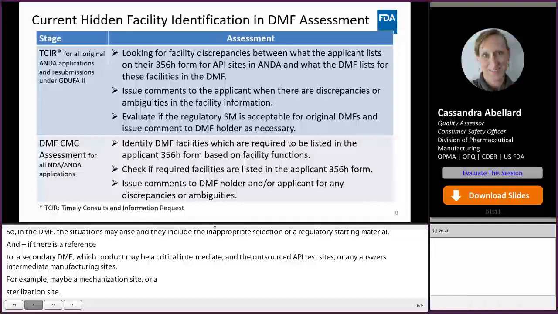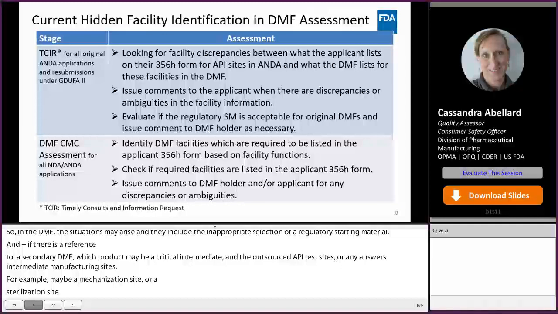During this process, which is performed during all original ANDA applications and resubmissions under GDUFA 2, we're looking for facility discrepancies between what the applicant lists on their 356H form for the API sites in the ANDA and what the DMF lists for these sites in the DMF. So comparison is done between the application and the DMF.